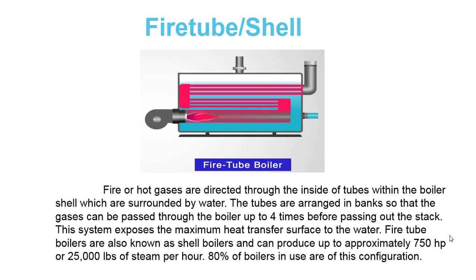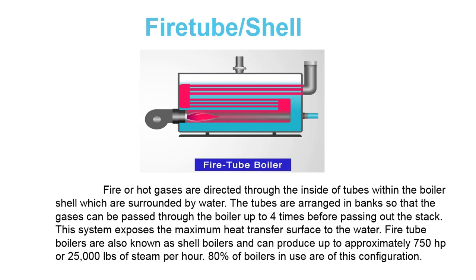We will see the fire tube or shell tube in more detail. Fire tube boiler: fire or the hot gases are directed through the inside of the tubes within the boiler shell, which are surrounded by the water. The tubes are arranged in banks so that the gases can be passed through the boiler up to 4 times.